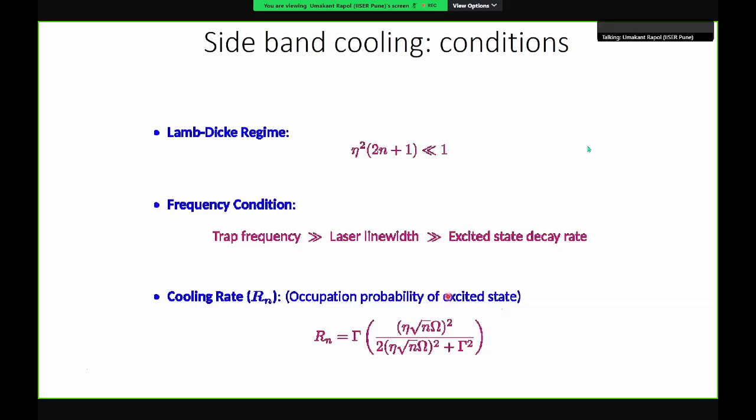And you can calculate the cooling rate and see how many photons are needed for going to the ground state by putting in the numbers for the Lamb-Dicke parameter, the coupling strength of the laser omega to the internal state, and the decay rate of the excited state gamma.